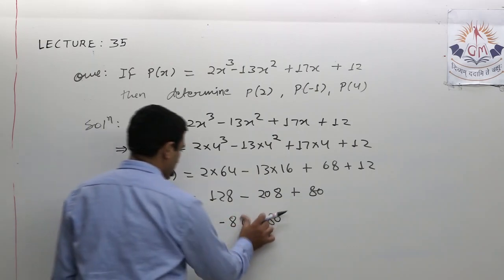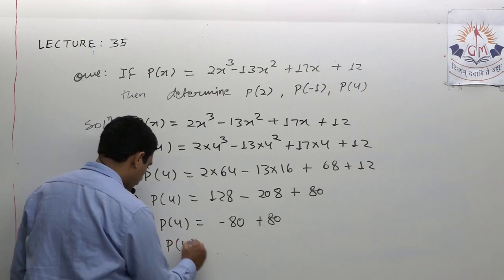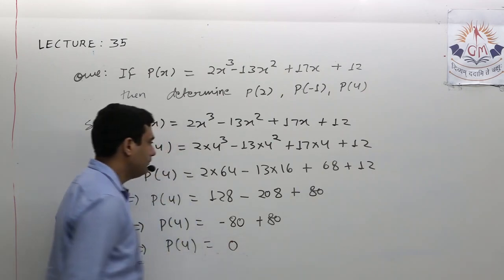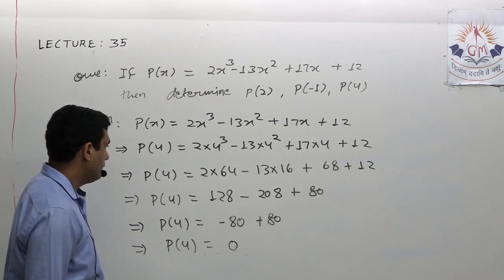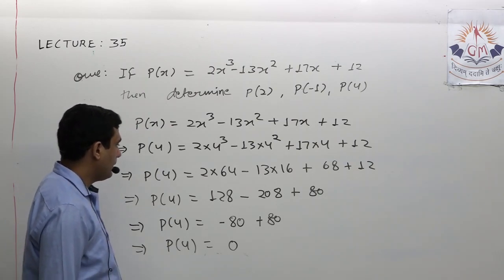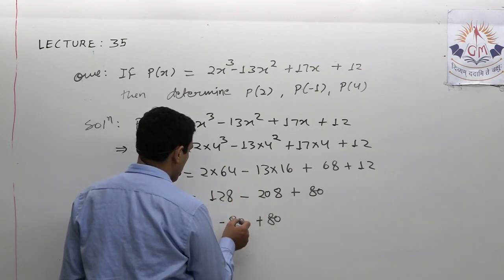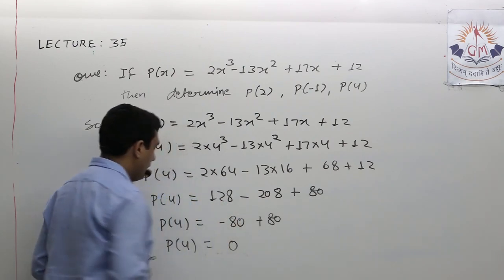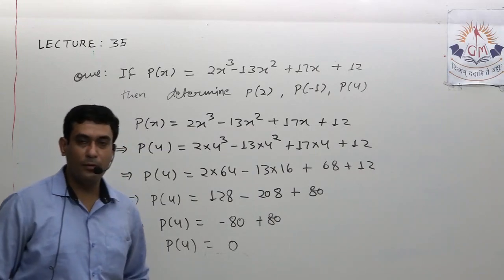So ultimately the value of p of 4 is equal to 0. So here the final answer is 0. So p of 4 is equal to 0. So please note it down.